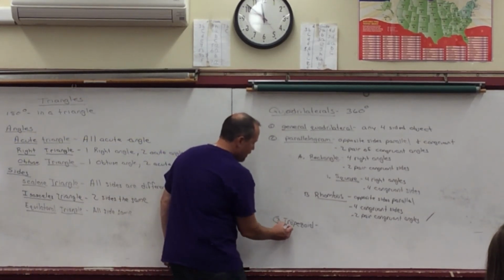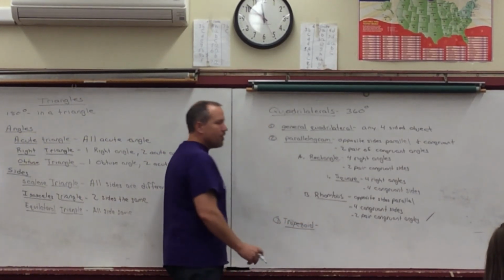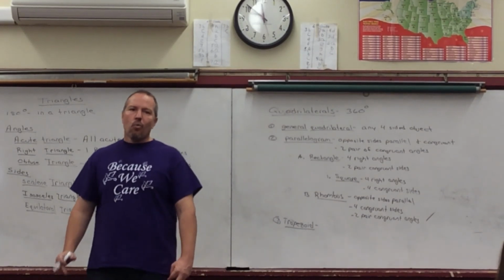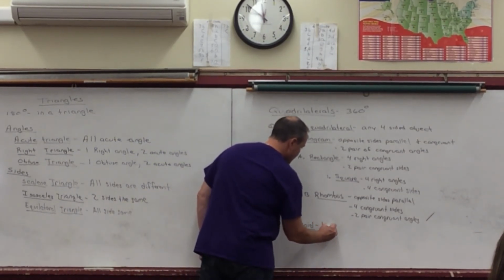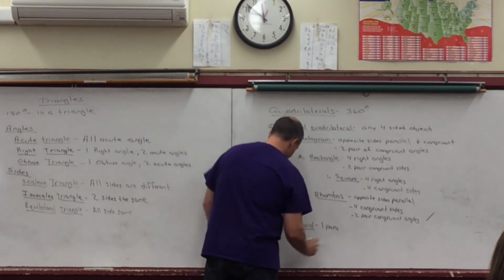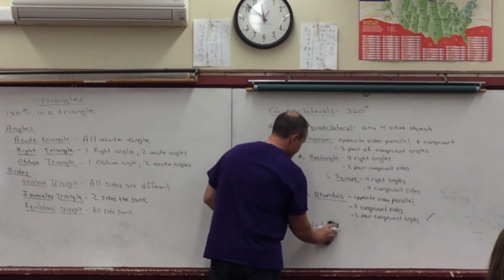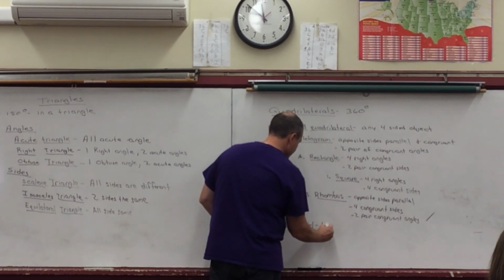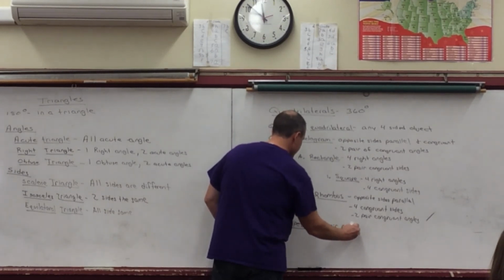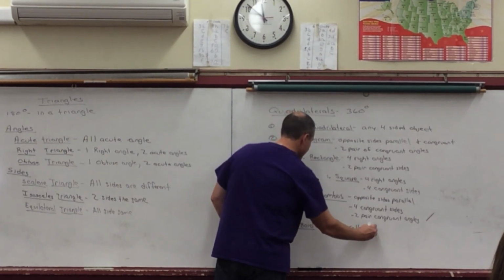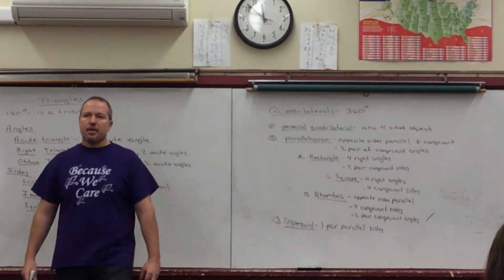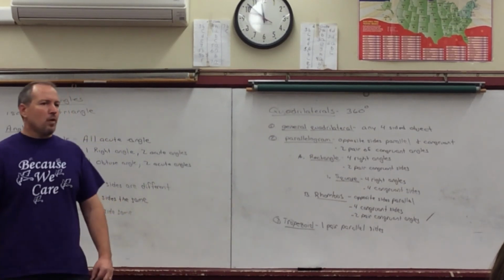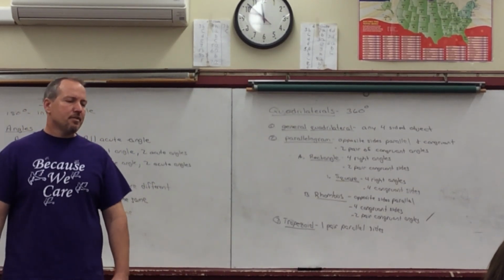A trapezoid simply has 1 pair of parallel sides.